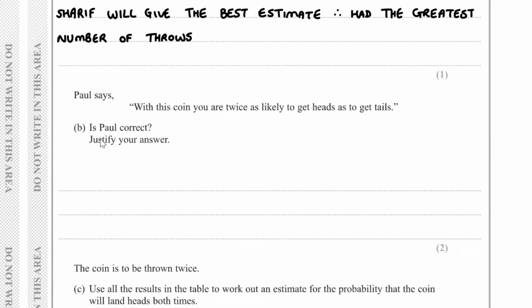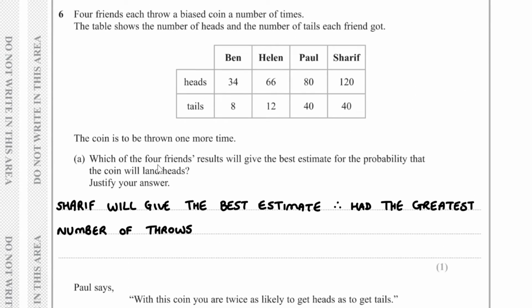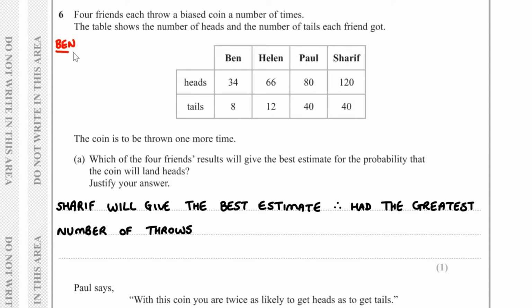Well, if we take a look at the proportion of those who get heads to those who get tails, let's take a look at each one separately. You can see for Ben, let's just write it down here. For Ben, you can see we have 34 heads to 8 tails.